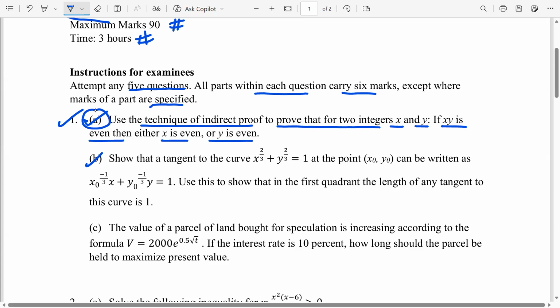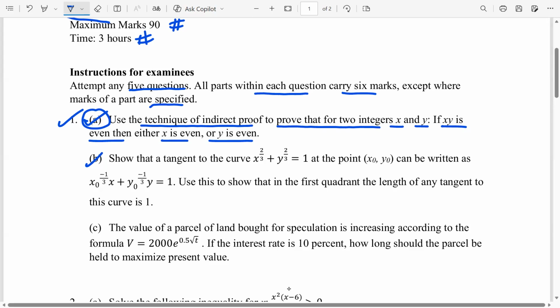Whenever you have to prove an implicative statement, you can use any of these, and I have done this in depth in the preliminaries module. Let me come to the whiteboard to solve it.